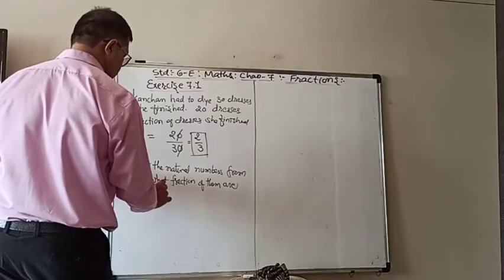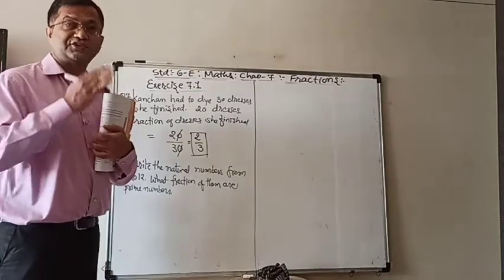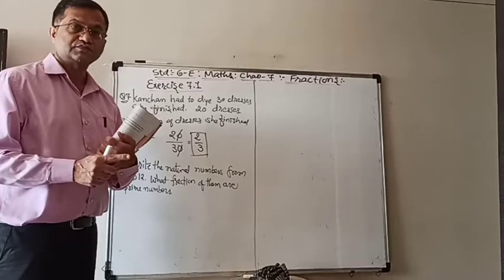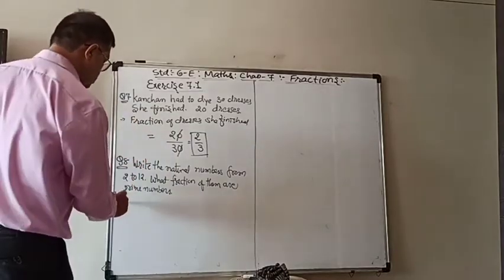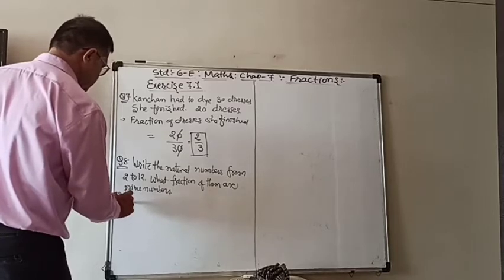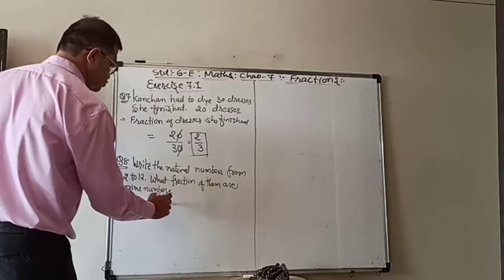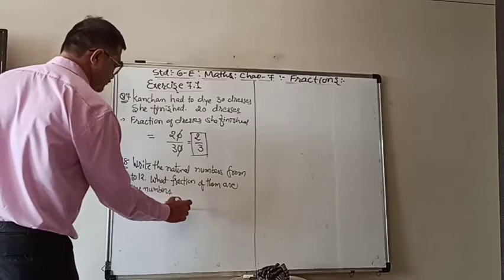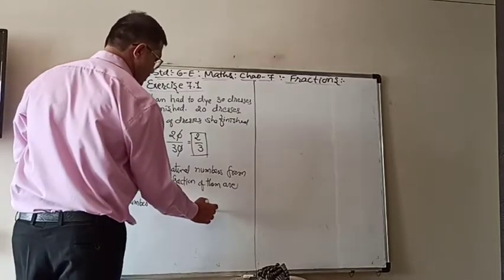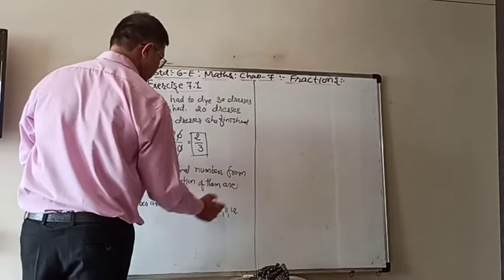So now first of all, we have to write down all the natural numbers from 2 to 12. Start from 2 up to 12. So now the numbers are 2, 3, 4, 5, 6, 7, 8, 9, 10, 11 and 12.